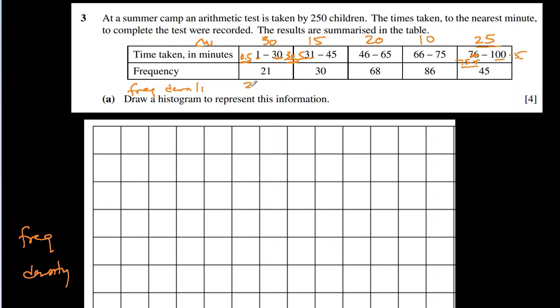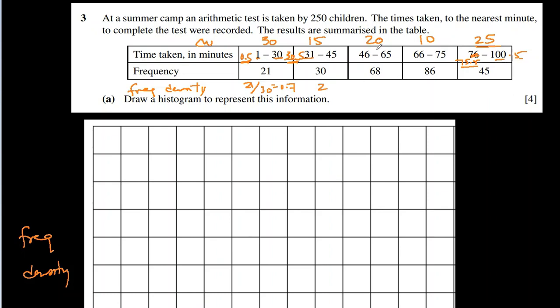Now, density will be 21 divided by 30, the frequency divided by class width. That is the frequency density, which is 0.7 in this case. Here it will be 30 divided by 15, which is 2.